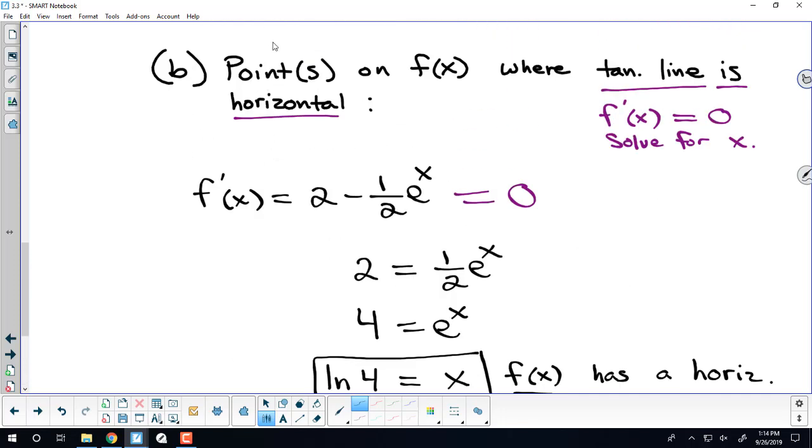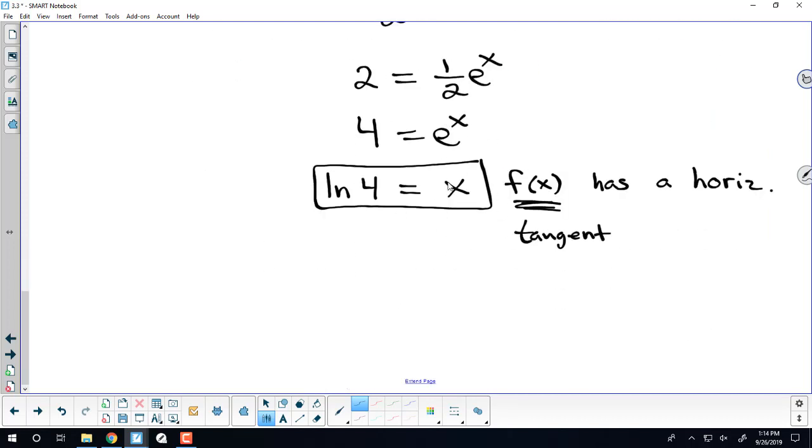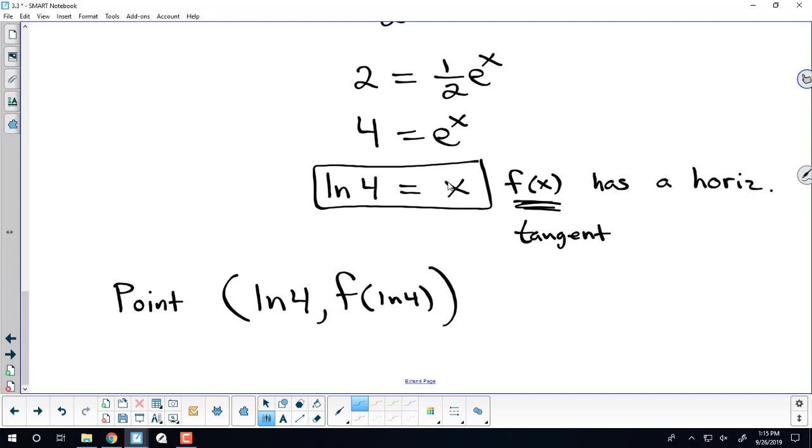And our instructions were to identify the points on the function. Here we have just the x value. So we know on f of x at that x location we have a horizontal tangent, but the point, as we all know, is (x, y).